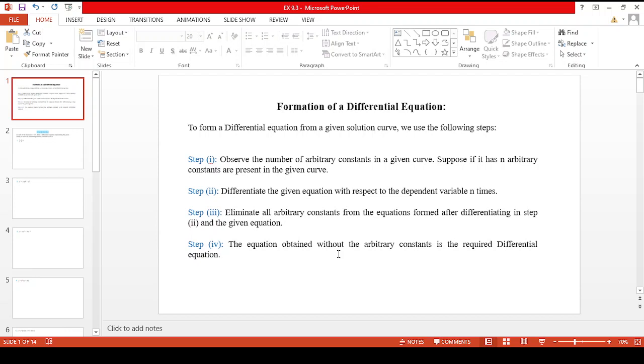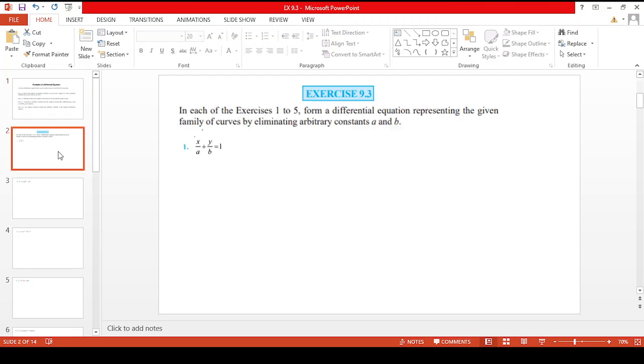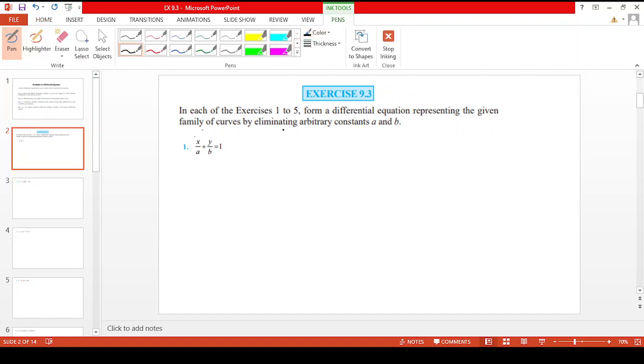So let's go with the exercise examples directly. Instead of learning the examples separately, I'm going to choose the CBSE textbook questions. In each of exercises 1 to 5, form a differential equation representing the given family of curves by eliminating arbitrary constants a and b.